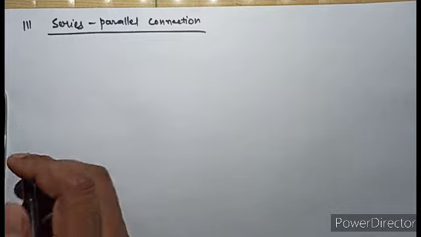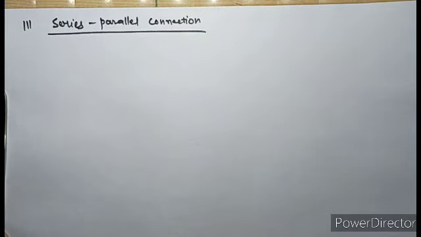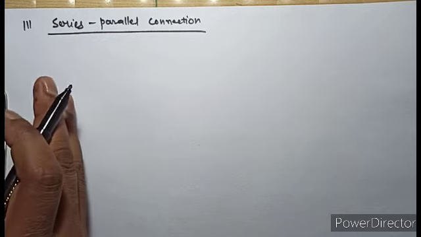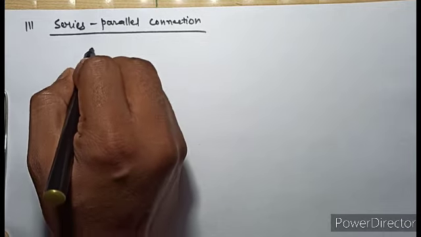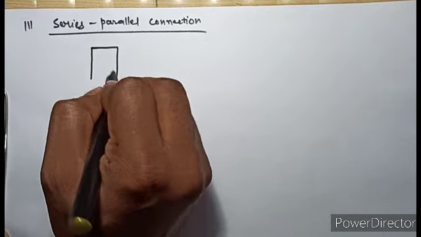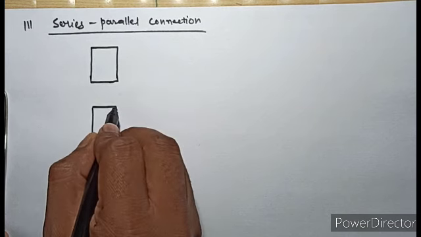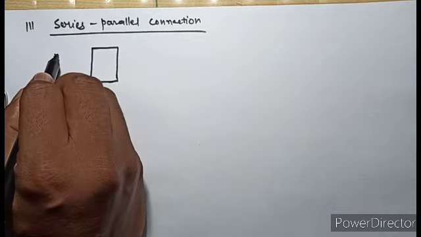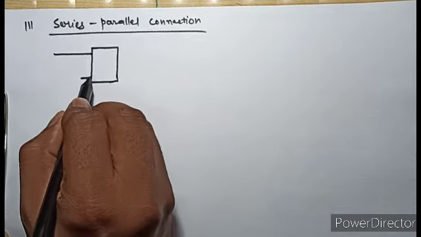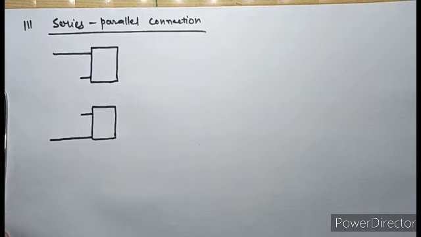Now our third connection is series parallel connection. In this configuration our input ports will be connected in series and our output ports will be connected in parallel. See, these are our two port networks. Now to connect in series, what we have to do, we have to make the currents the same.